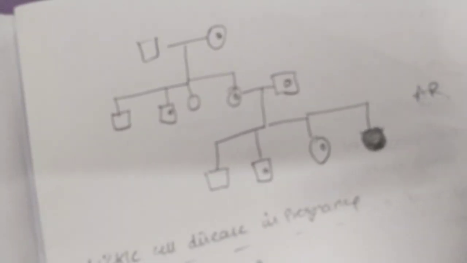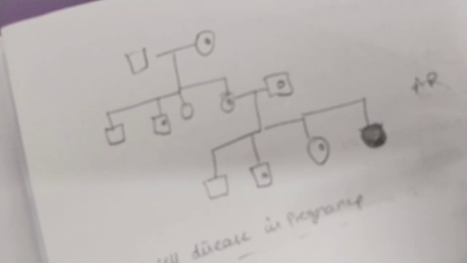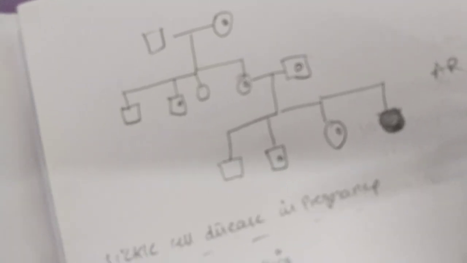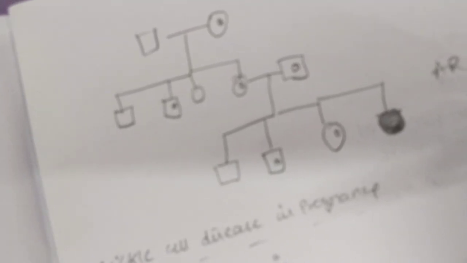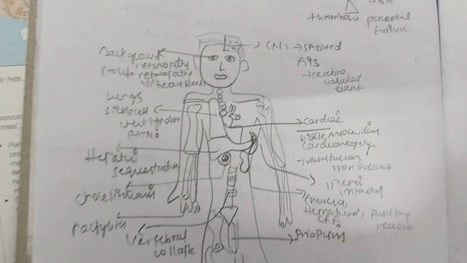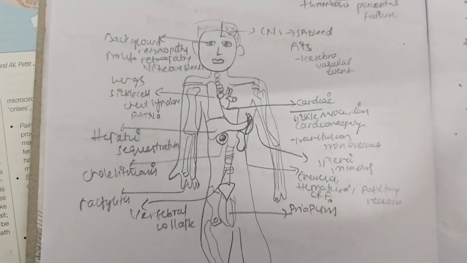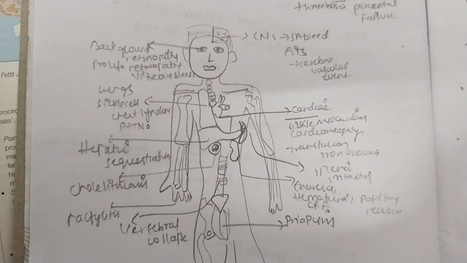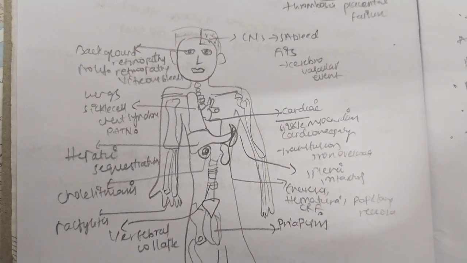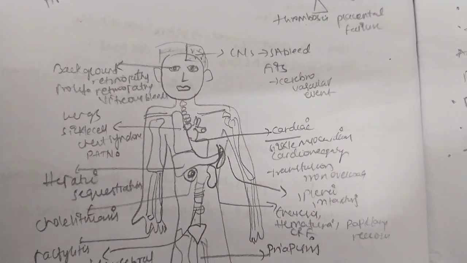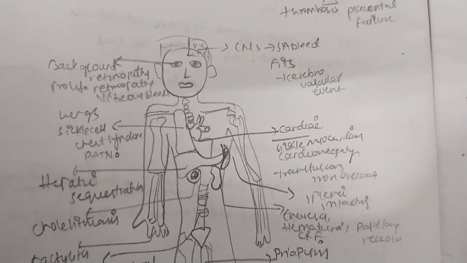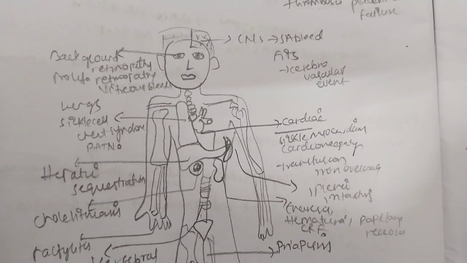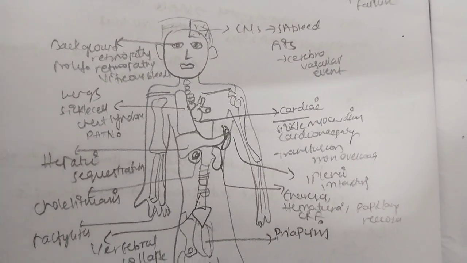So to make this topic interesting, why you need to understand sickle cell anemia: it causes various effects. In the lungs it may cause sickle cell chest syndrome and pulmonary arterial hypertension. In the CNS it may cause subarachnoid bleed, epilepsy, and stroke.